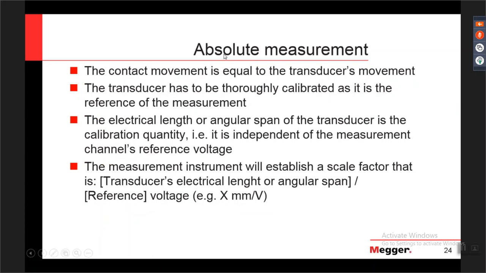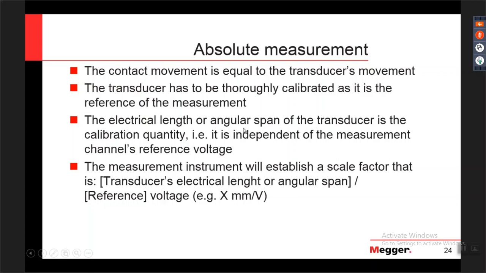So now, more explanation for each one of these that I listed. In absolute measurement, the contact movement is equal to the transducer's movement. The transducer has to be thoroughly calibrated as it is the reference for the measurement. That's important. The electrical length or angular span of the transducer is the calibration quantity, so it's independent of the measurement channel's reference voltage.